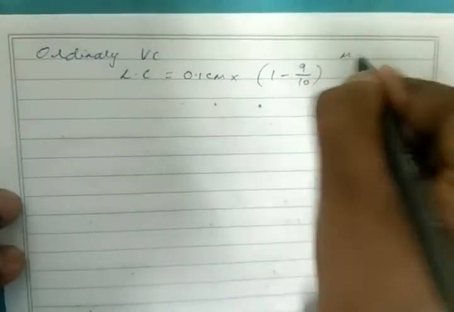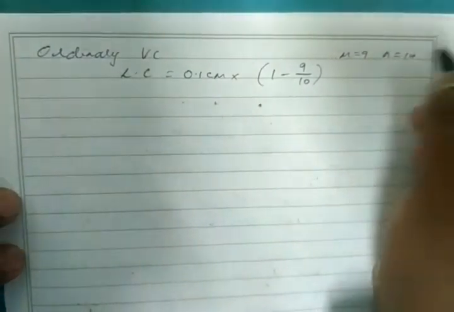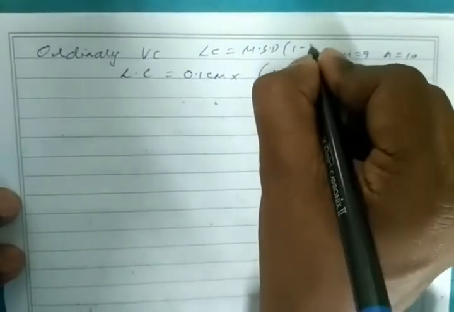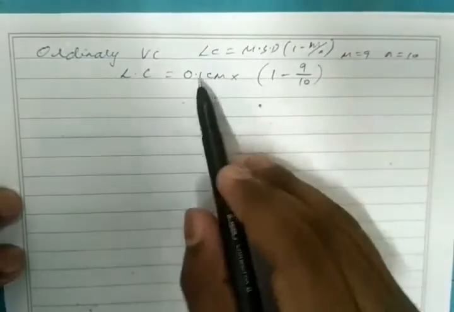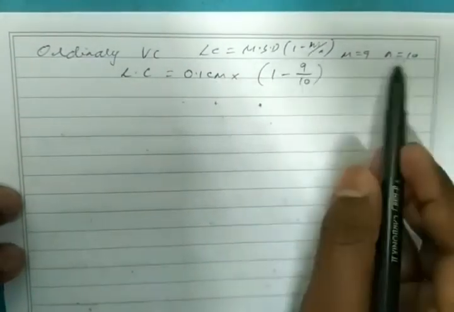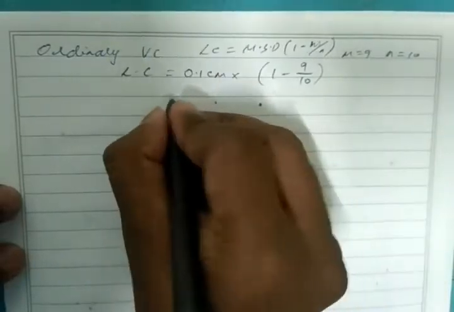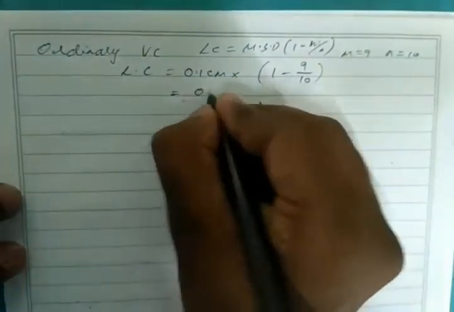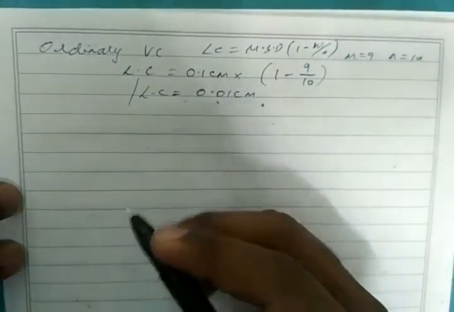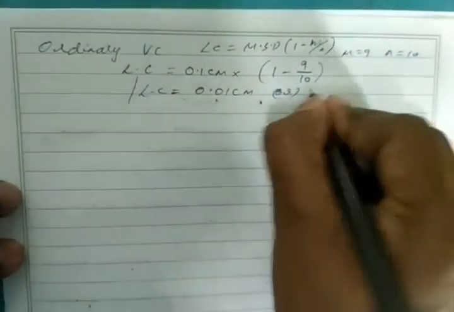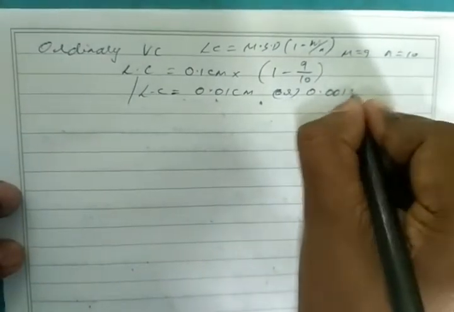Substituting all the values, LC equals 0.1 centimeter times 1 minus 9 by 10, which is 0.01 centimeter. So the least count of the vernier caliper is 0.01 centimeter, or 0.1 millimeter.